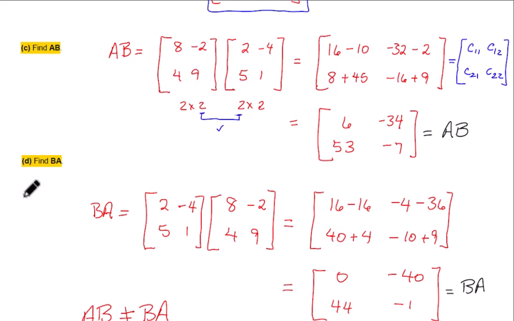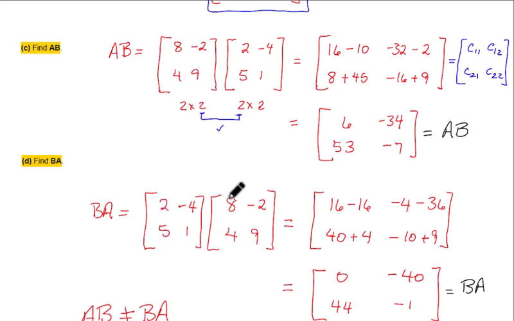Then they want you to do B times A. So we are reversing the order. Now certainly with normal numbers, 2 times 3 equals 3 times 2. It is commutative. With matrices, that's not often the case.